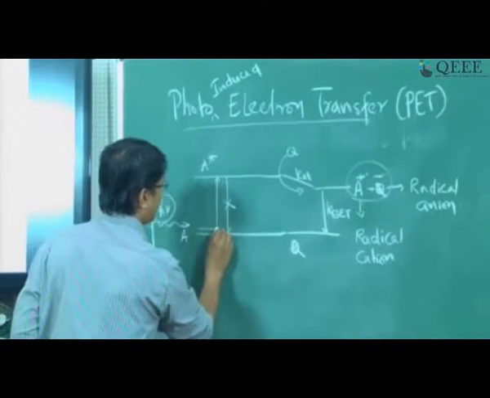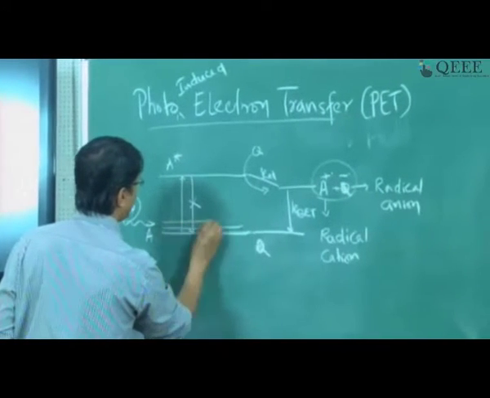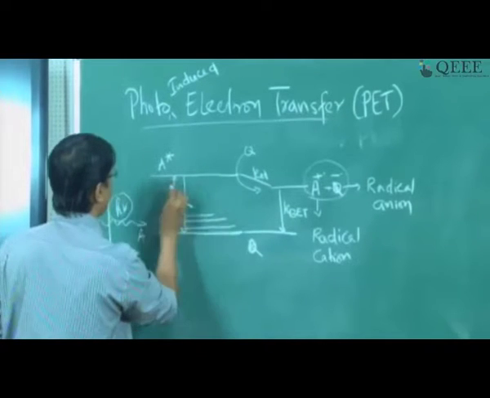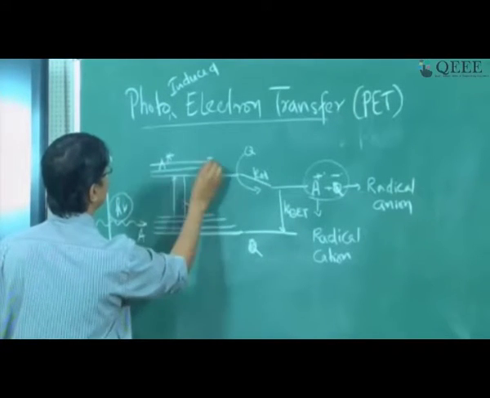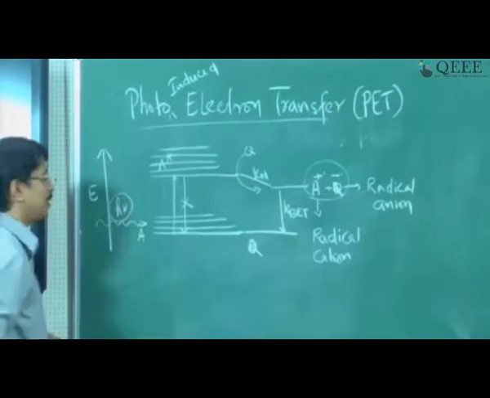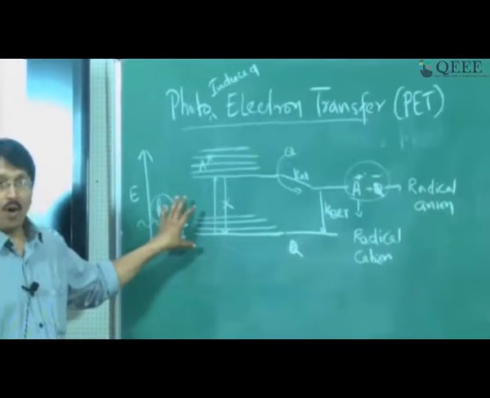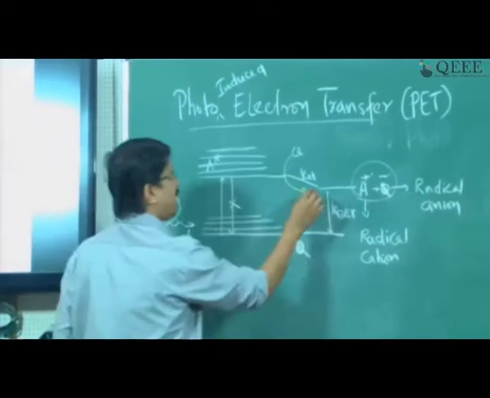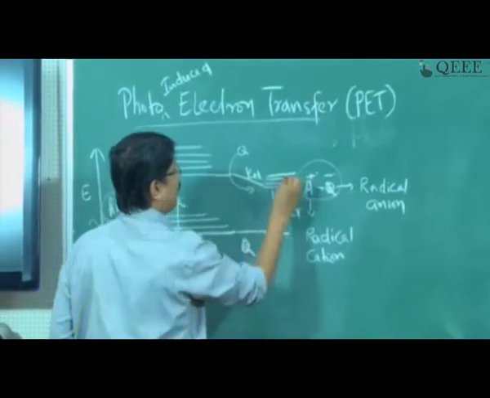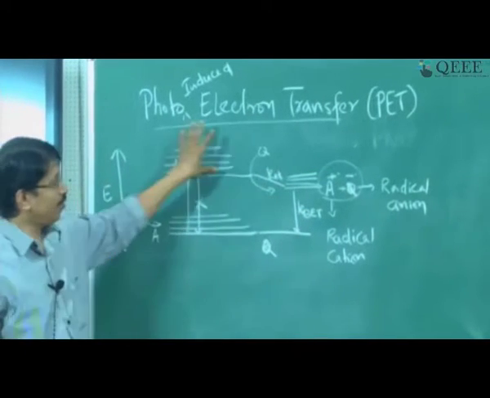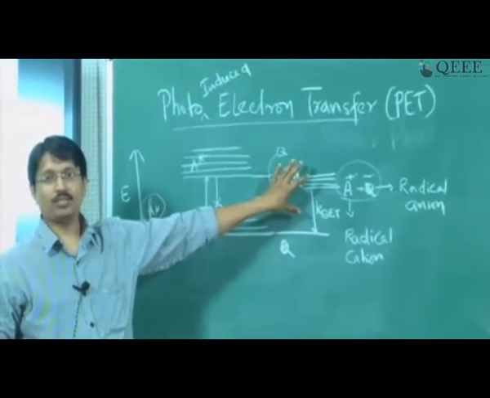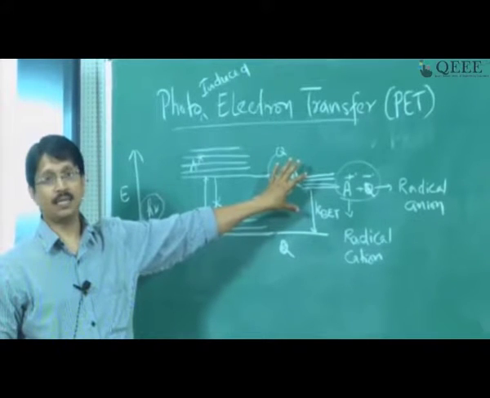Now, yesterday we said that each of these electronic energy levels contains so many vibrational energy levels, right. Another way of representing the same spectra or same kind of energetics is through potential energy curves.